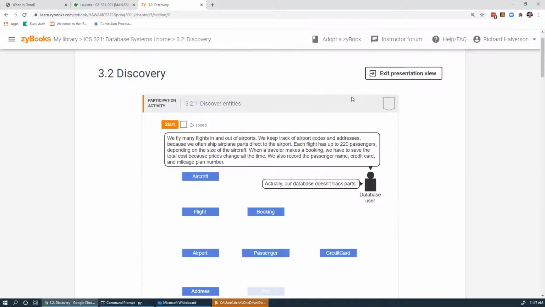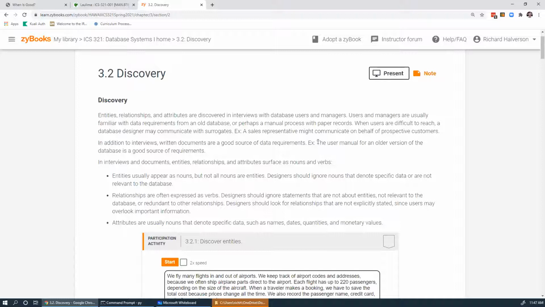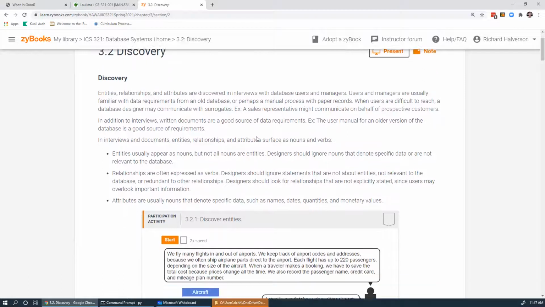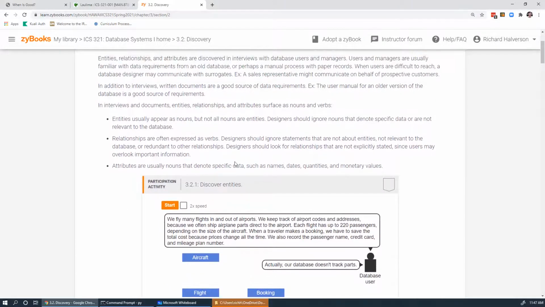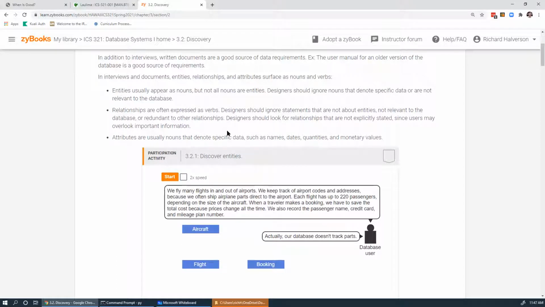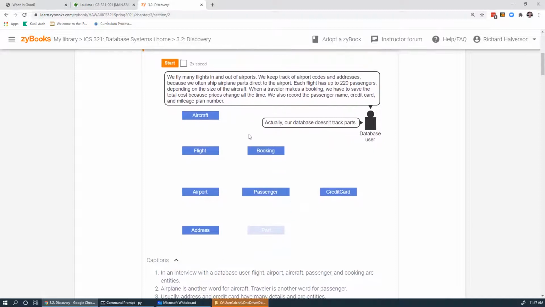Let's see what this does for me. So this would be like you're interviewing somebody, and you have a description here that would probably come out of an interview, and the database designers are going to develop this database for an airline, I suppose, and they don't know everything.